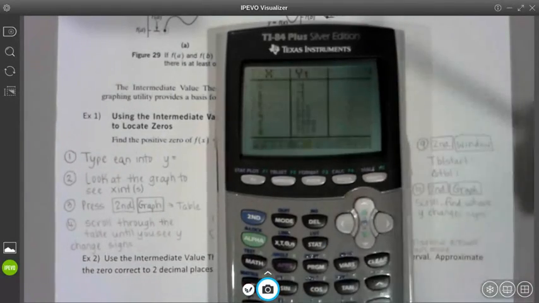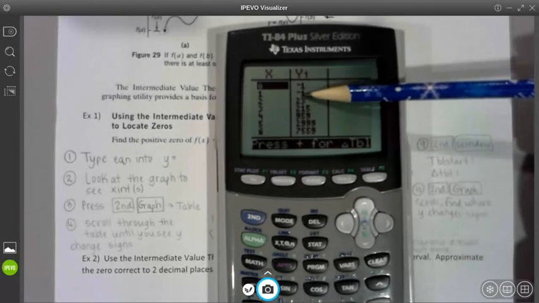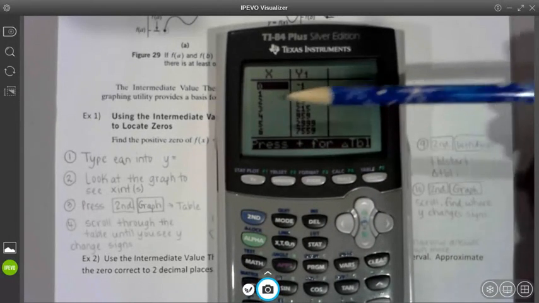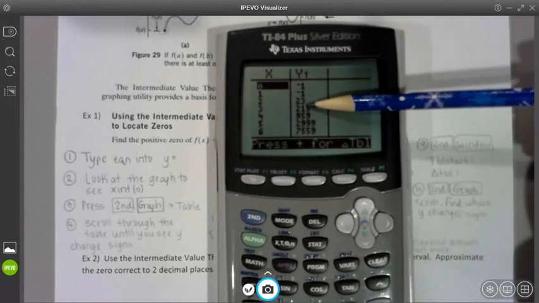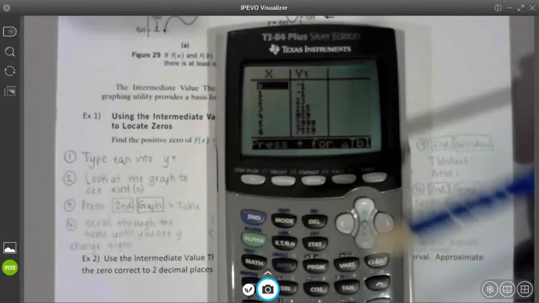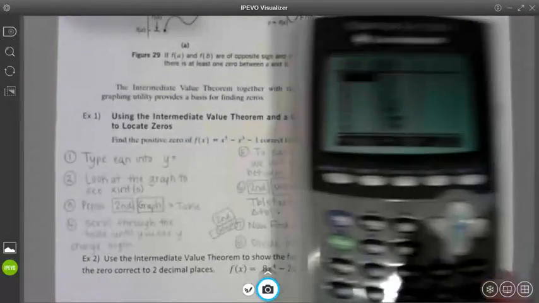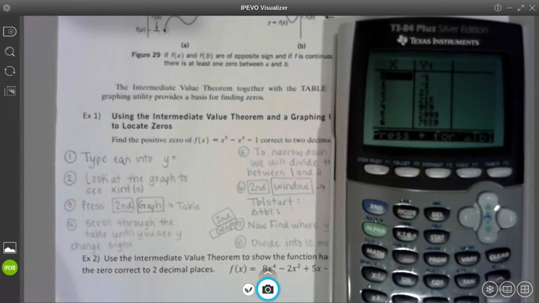So what you're basically doing is, you see how when x was 1, there was a negative y value, and when x is 2, there's a positive y value. So that right there is the intermediate value theorem proving that since the y value changed sign from negative to positive between 1 and 2, there's definitely an x-intercept between 1 and 2. So the table shows us what's happening.